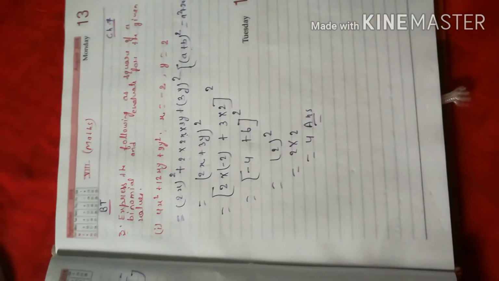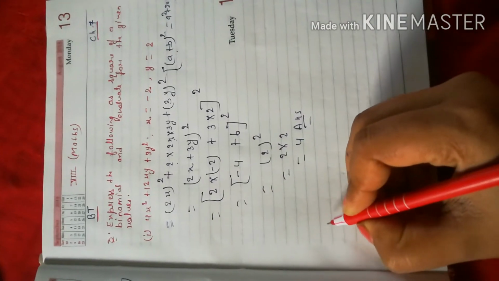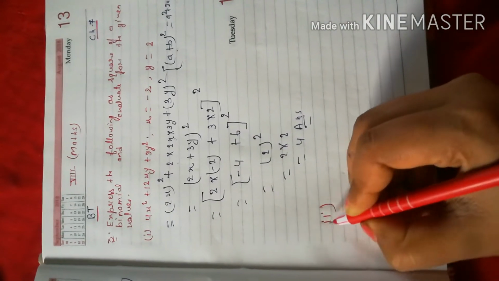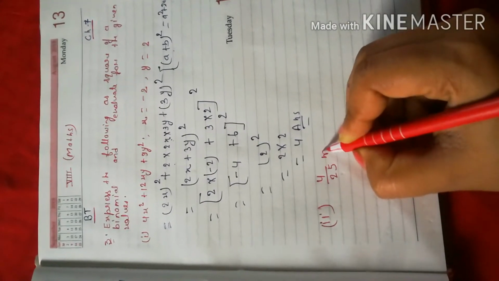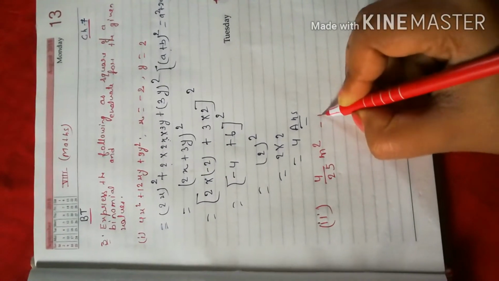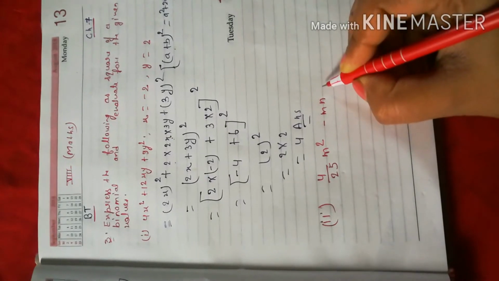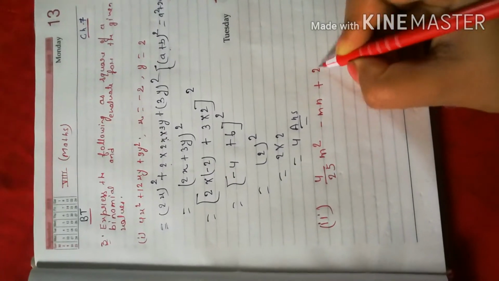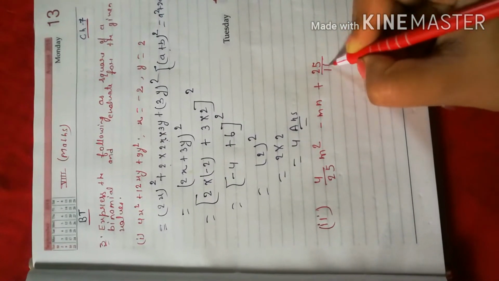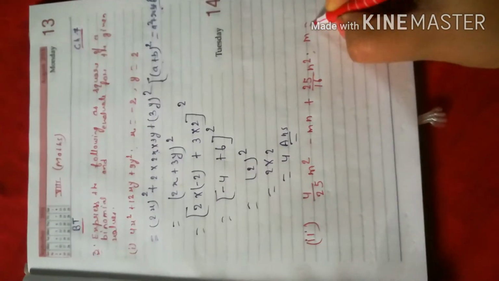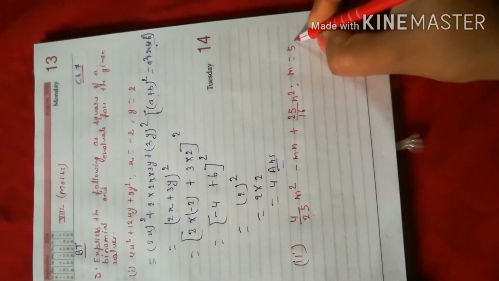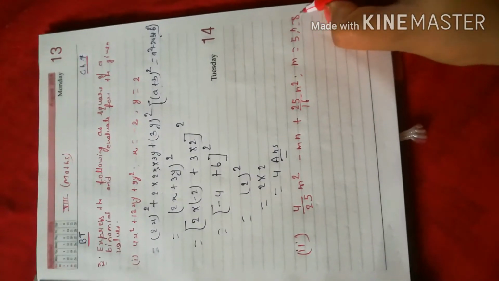Now we will do the second part of this question. Our question number 2 is 4 upon 25 m square minus mn plus 25 upon 16 n square. The value of m equals 5 and the value of n is 8.